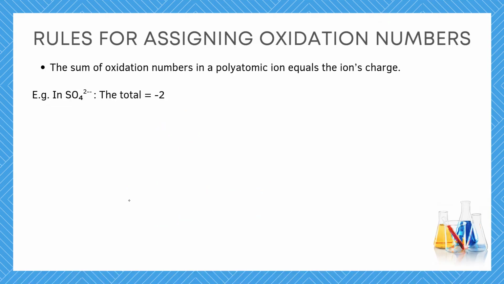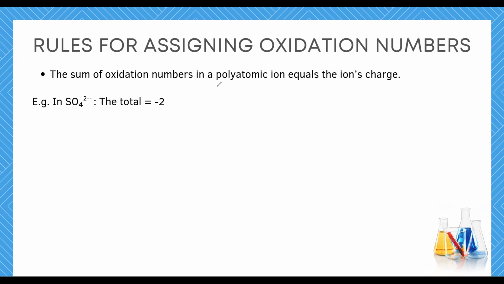Next rule says the sum of oxidation numbers in a polyatomic ion equals the ion's charge. What do we mean? First things first, what is a polyatomic ion? A polyatomic ion is an ion that has multiple atoms inside of it, or multiple elements inside of it. For instance, we have this ion, the sulfate ion SO4 2-.